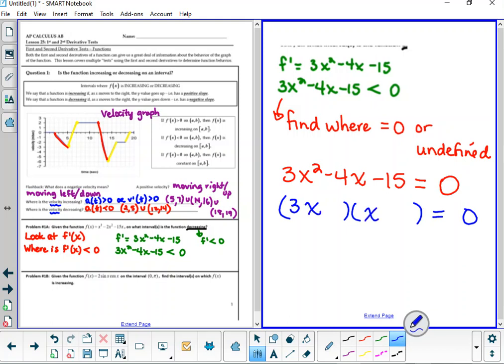Now, I'm not going to do a big song and dance about the factoring here. You have to be able to factor this.